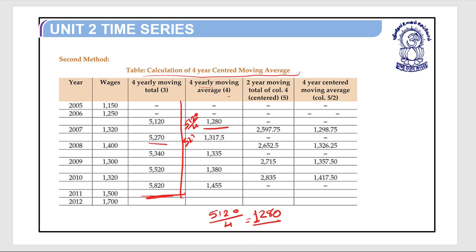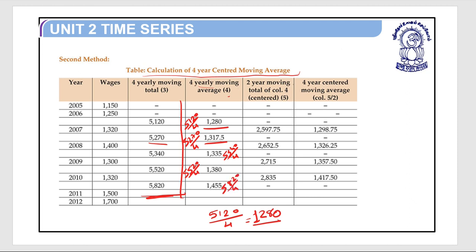Same way 5270 divided by 4, you will get 1317.5. 5340 divided by 4. 5520 divided by 4. 5820 divided by 4, 1455.